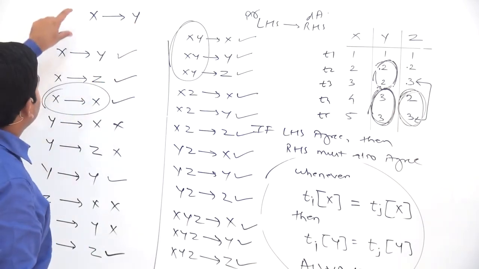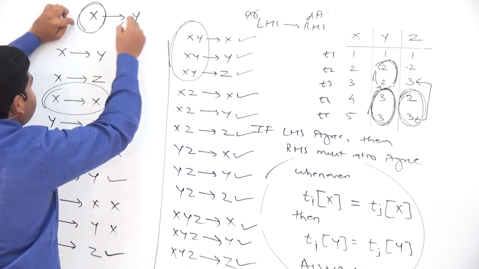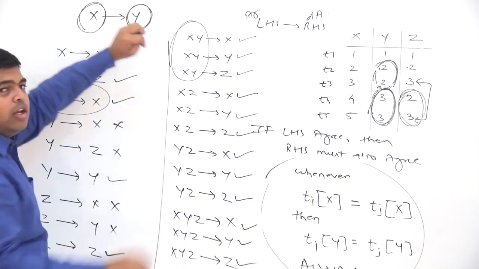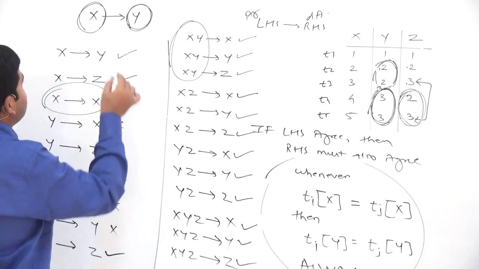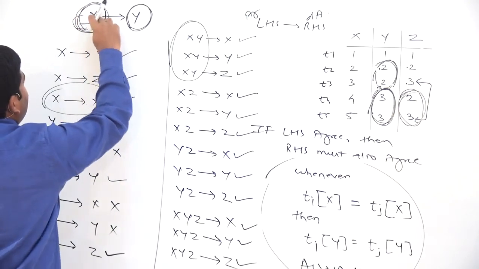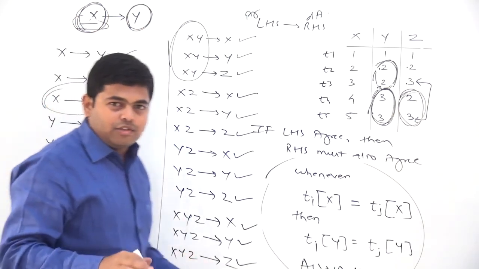Another definition is, whenever there is an agreement on the value of X, there must also be a corresponding agreement on the value of Y. Or we can say, if there is no agreement on the left hand side, the rule will always be satisfied, the FD will always be satisfied.